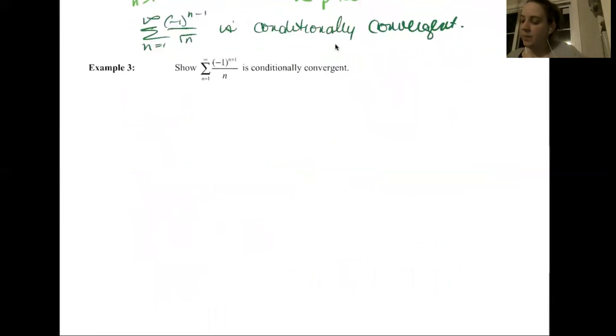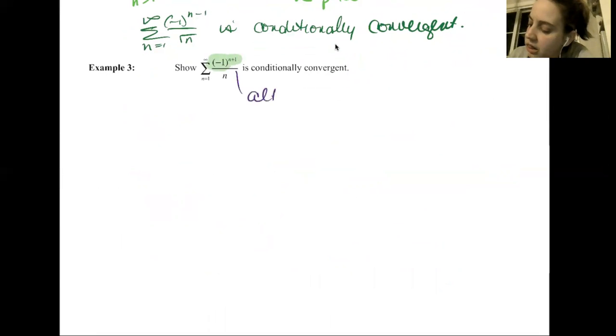All right, one more example and then we're finished. Actually, this was the example I gave you at the beginning. Show that this is conditionally convergent. So the piece on the top, this is how I know it's alternating. When you see that -1 to the n, that's your clue that it's alternating. So if you look at the rest, 1 over n decreases.